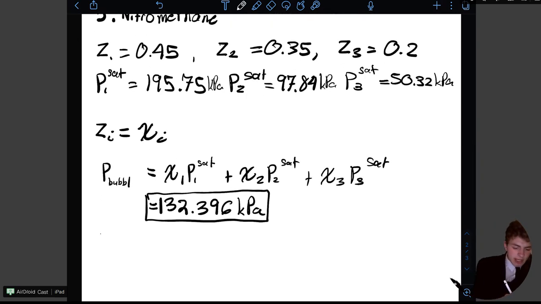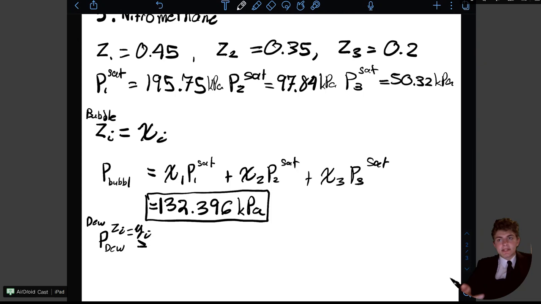Now let's calculate a dew pressure. Again, we're going to say at this point that Zi is equal to Yi. This is for dew; the previous was for bubble. The reason for that is that we're mostly at dew, but we're going to have one little bead of maybe condensed liquid at this point.